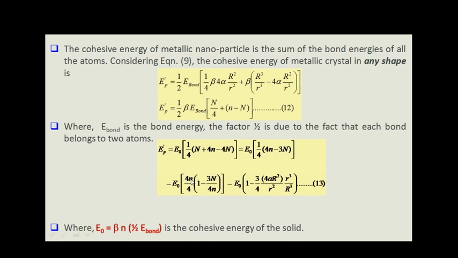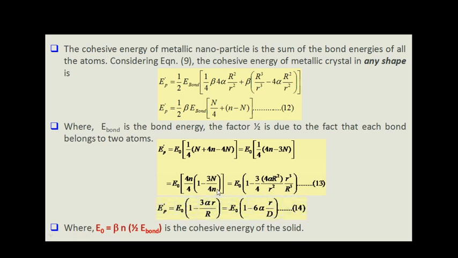The idea behind is that because I have a number of atoms in the total volume, I may have an energy per volume also. So this is 1 minus 3 by 4, this is the surface factor, this is the volume factor, and the n is replaced by this.